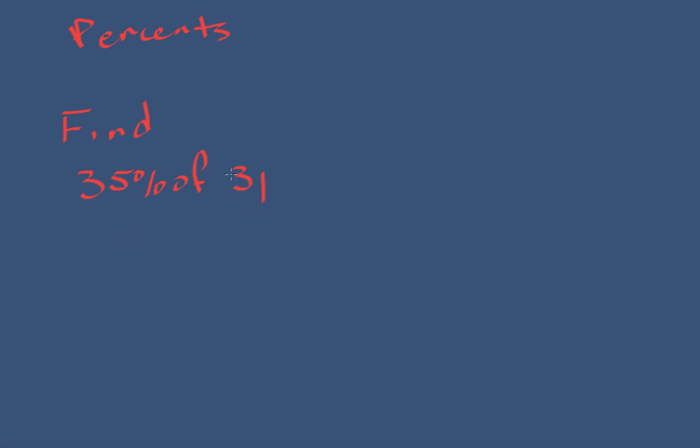And so what we do is we turn 35% into a decimal. And remember, it's 35 out of 100, so it's 35 hundredths. How do we write 35 hundredths?